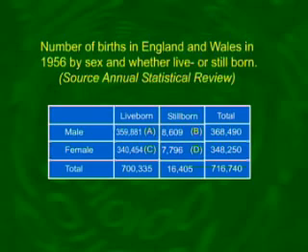As far as live birth versus stillbirth is concerned, there were 7,335 live births and 16,405 stillbirths.